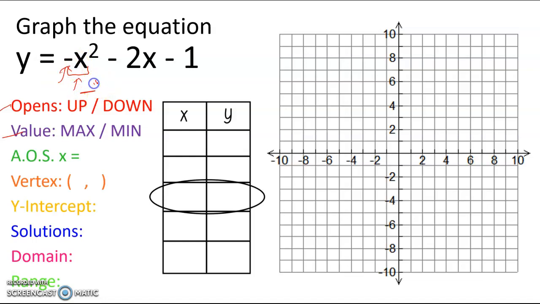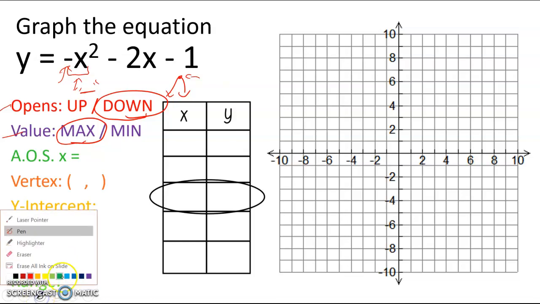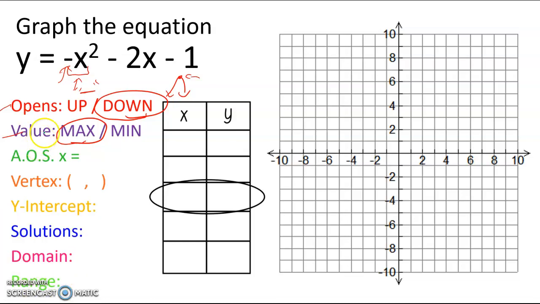So if it's negative, that means that it's going to open down. And because of that, we know it's going to have a max. It's got that top value right there. So opens up or down and value, that's all on that A value. Two questions answered just by that one value right there.